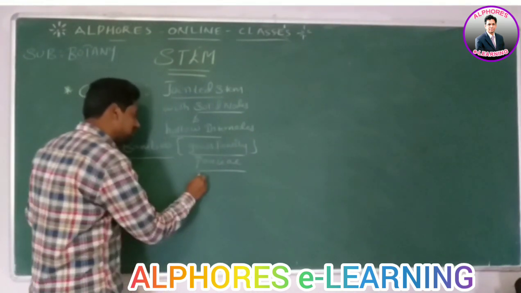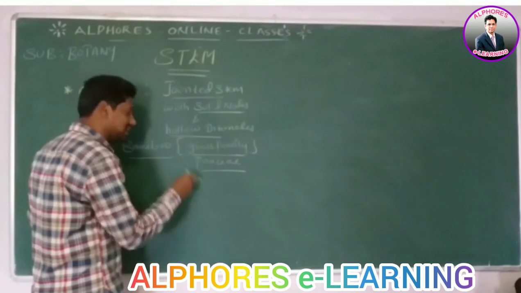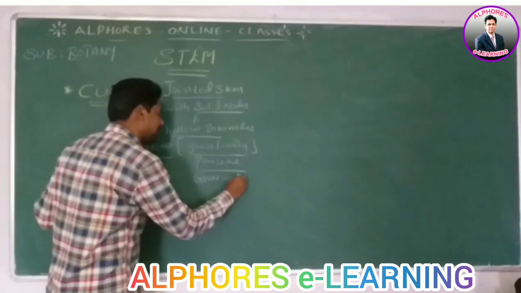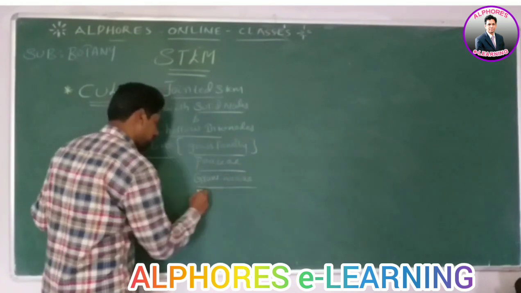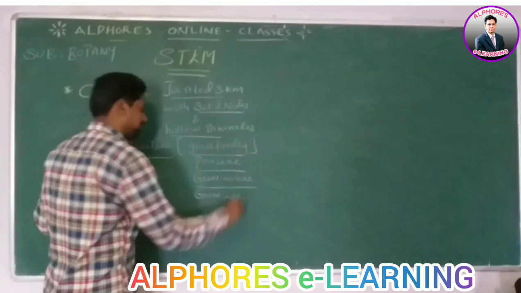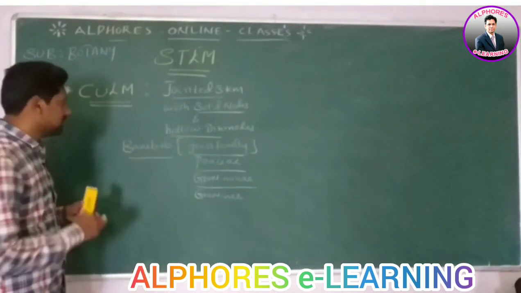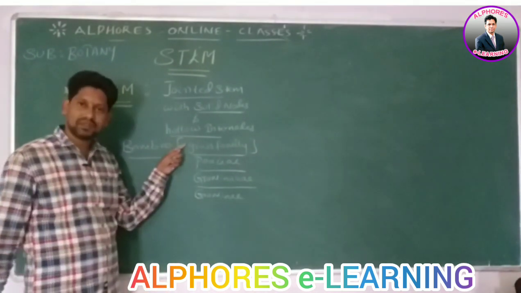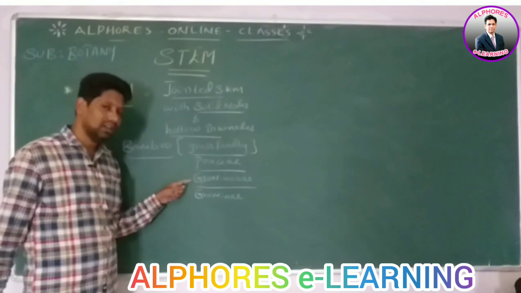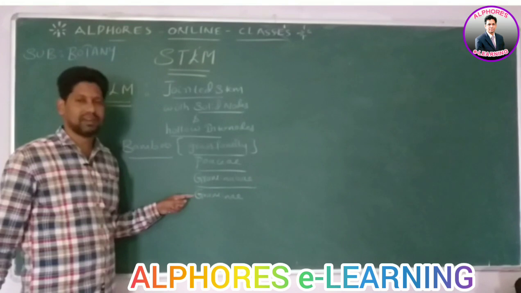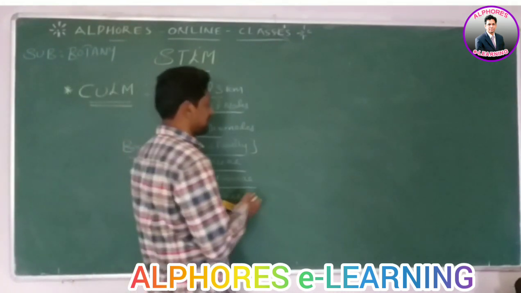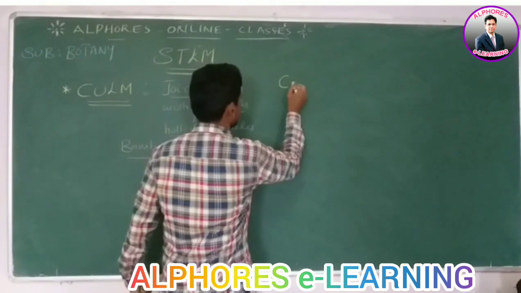We can call the Poaceae family even as the Gramineae family. Is it okay? Right. Therefore, bamboo comes under the grass family, which means Poaceae or Gramineae. Now, go for the next word, that is caudex.